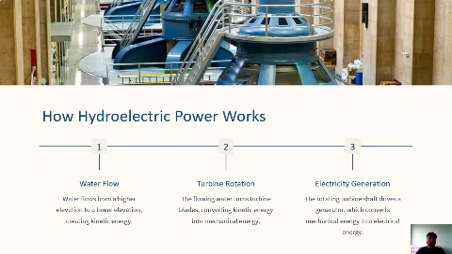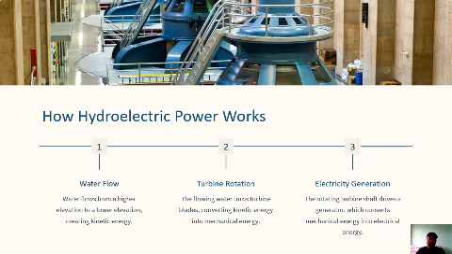Let us see how hydroelectric power works. First, water flows from higher elevations to lower elevations, creating kinetic energy. Then the flow of water turns the turbine, converting the kinetic energy into mechanical energy.